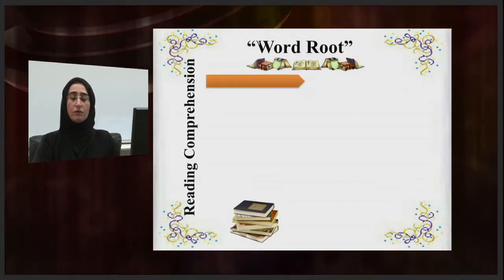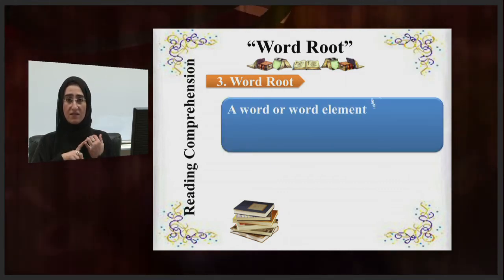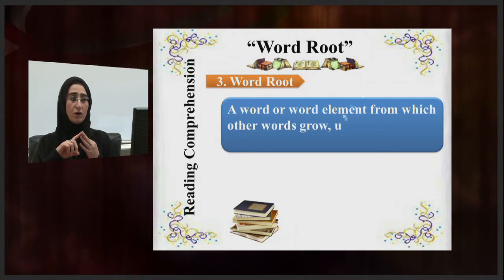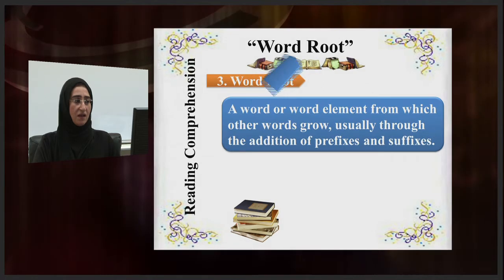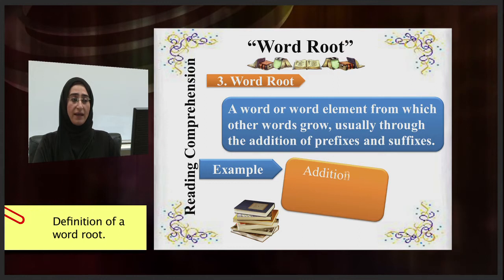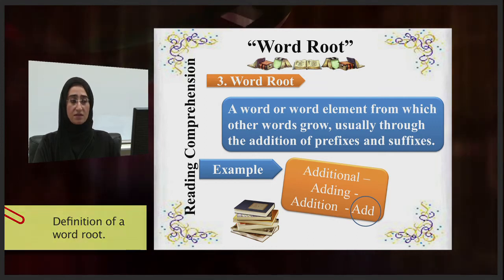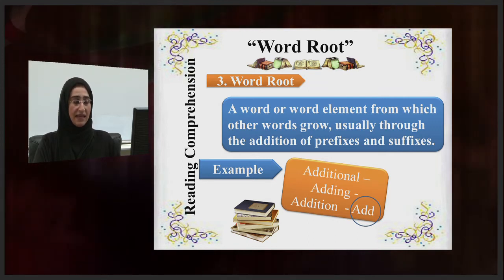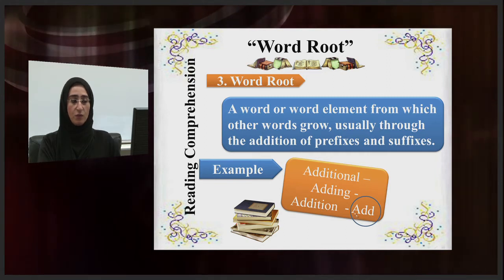We have also part of the word family. As I told you before, we have word family, we have suffixes, prefixes, and the word root. The third part is the word root. What does it mean? A word root is a word or a word element from which other words grow, usually through the addition of prefixes and suffixes. Example, as we can find here, we have the words additional, adding, addition, and the word add.